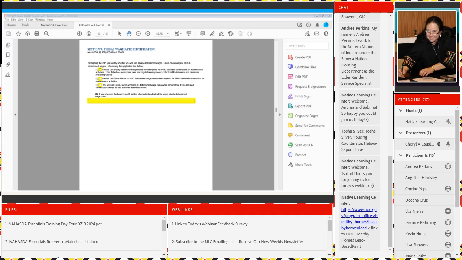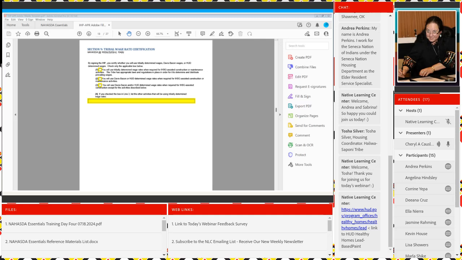The tribe has appropriate laws and regulations in place in order for it to determine and distribute prevailing wages. You're going to use Davis-Bacon or HUD determined wages when required for block grant assisted construction and maintenance activities. You're going to use Davis-Bacon and/or HUD determined wage rates when required for HUD IHBG assisted construction, except for the activities described below. So what do they click?